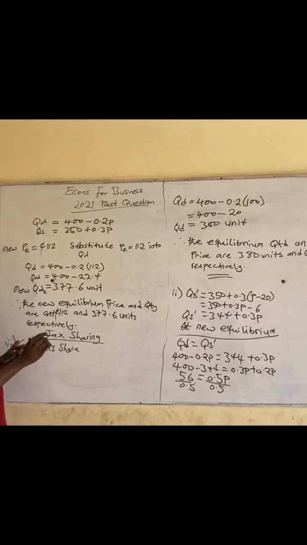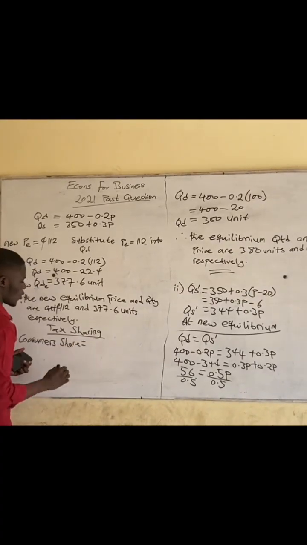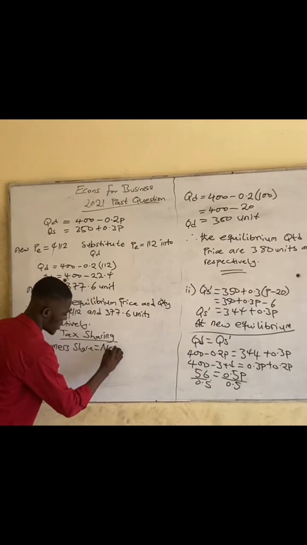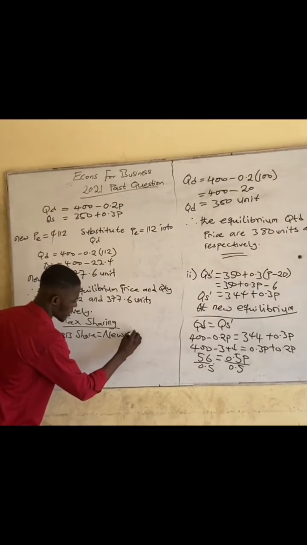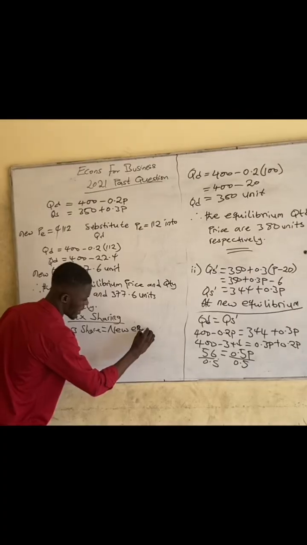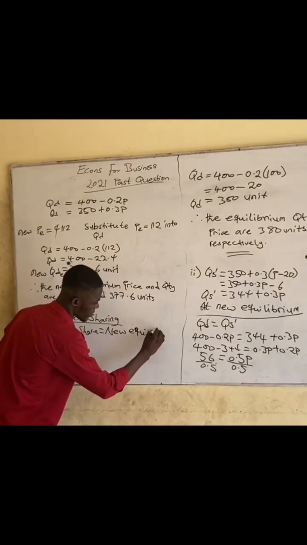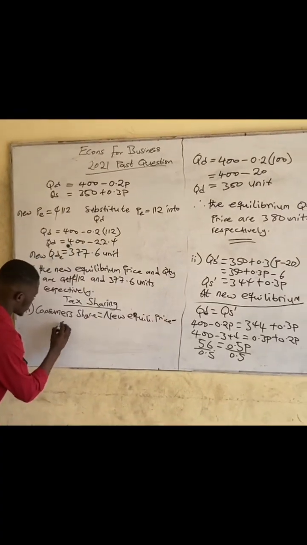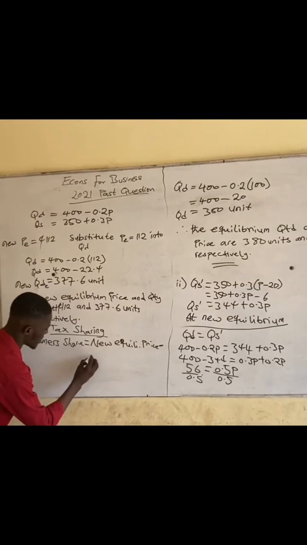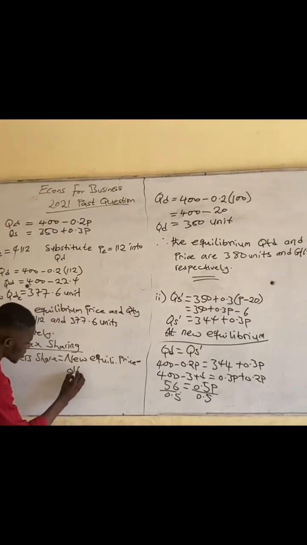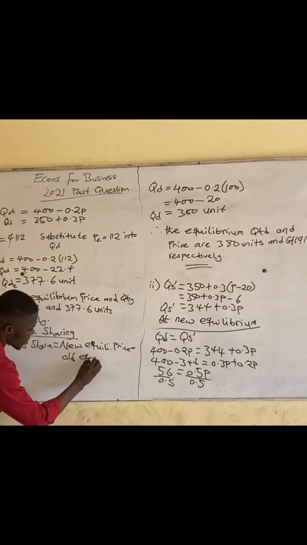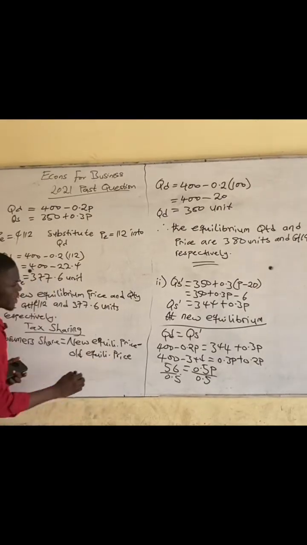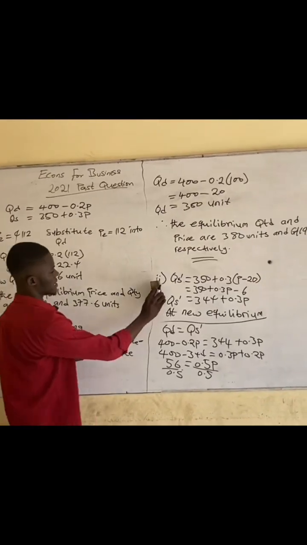The consumer share is always equal to the new equilibrium price minus the old equilibrium price.